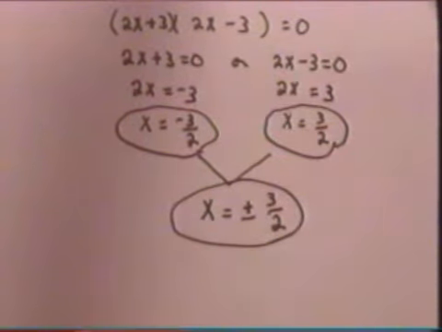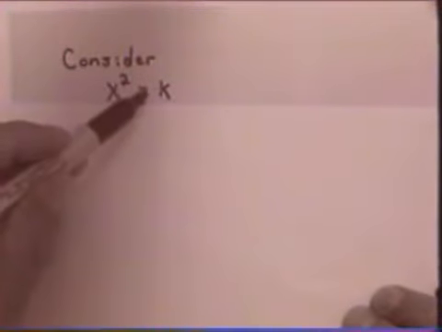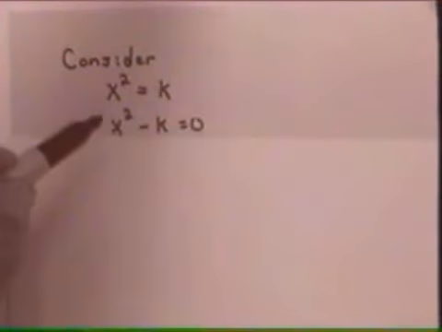Now let's consider the general case, based on the last problem I did. Let's look at x squared is equal to k. I have something squared is equal to a constant. I can put it in standard form by subtracting k from both sides to get x squared minus k is equal to 0.